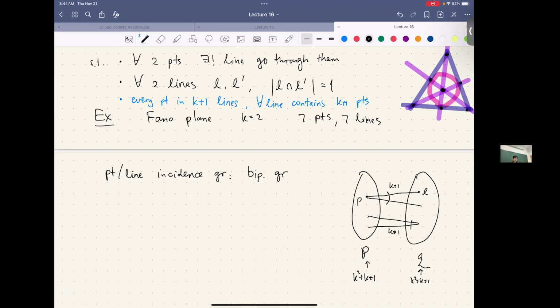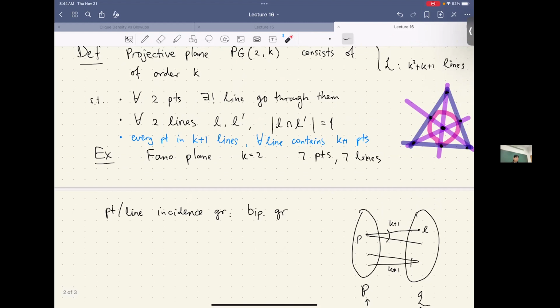The degree of a vertex in the point set is the number of lines containing this point, which is k+1. The degree of a line in the line set is the number of points on this line, which is k+1. Okay? And what's another property of this incidence graph from these two?